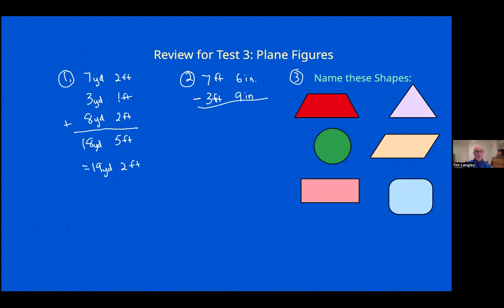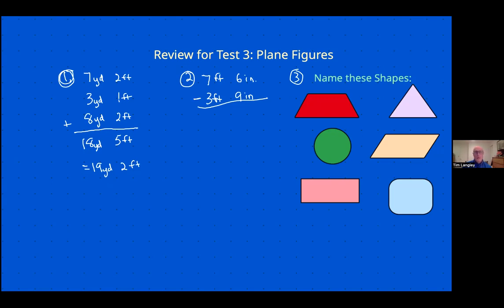Question number one. I've just given you two examples, and that's about all I'm going to put on the test of adding up yards and feet together and finding your total. If I have 7 yards 2 feet, 3 yards 1 foot, and 8 yards 2 feet, add them all together, and I get 5 feet total and 18 yards.